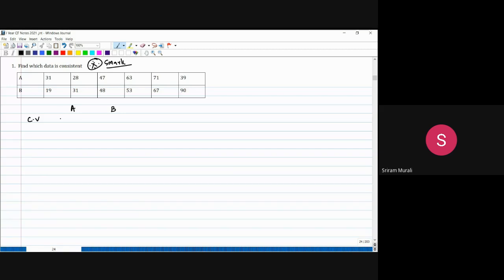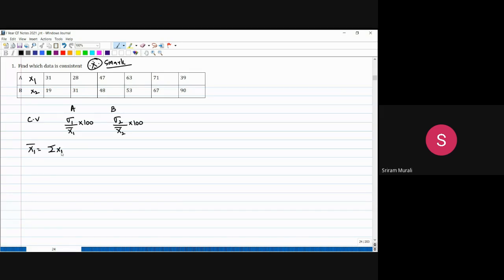So CV for A will be, I take this as A, B, sigma 1 by x1 bar into 100. This is sigma 2 by x2 bar into 100. So I take this as x1, x2. What is x1 bar?